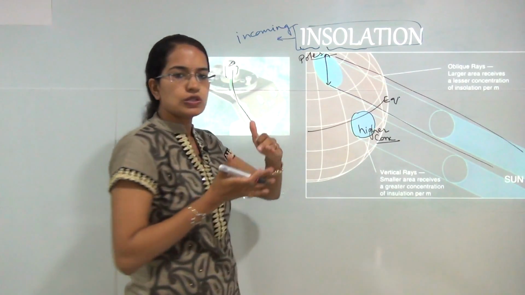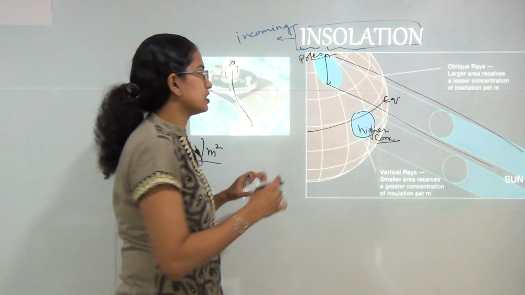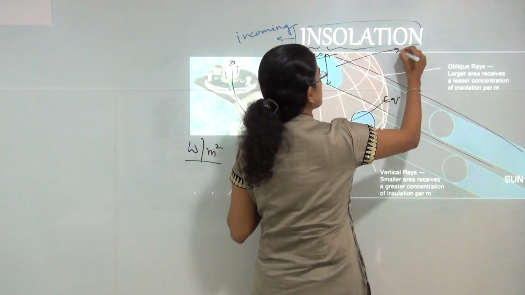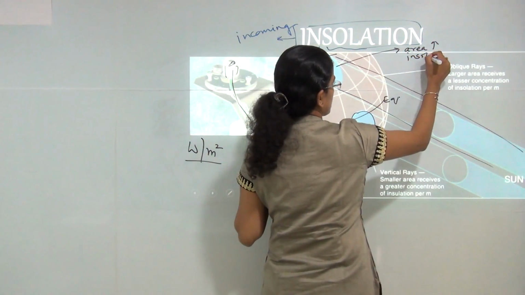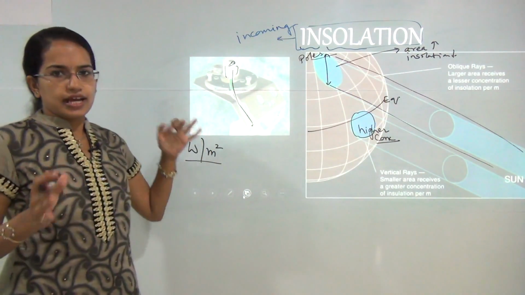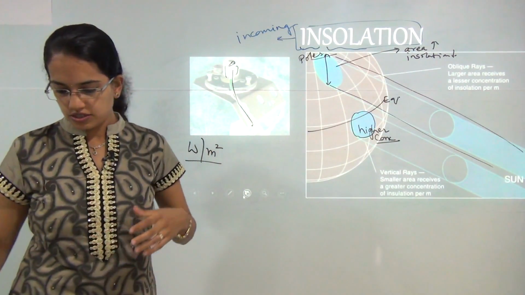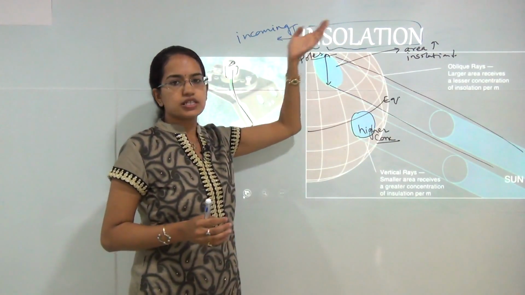Since the area increases, the concentration of the sunlight would decrease. So due to the larger area, the amount of insolation would decrease. This is the basic idea we try to understand to find out the reason behind insolation and the factors that affect insolation.